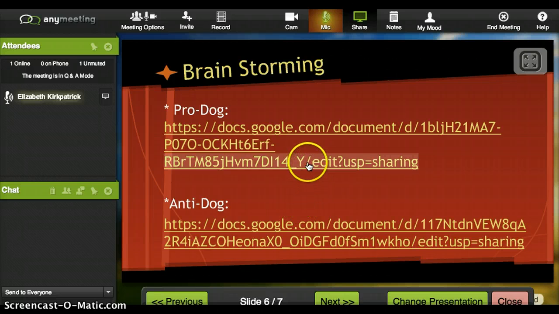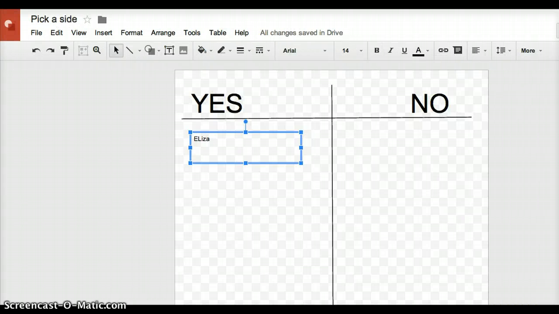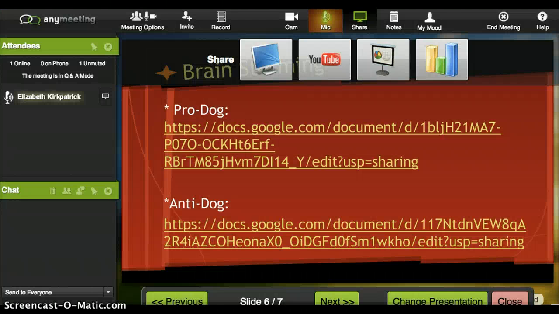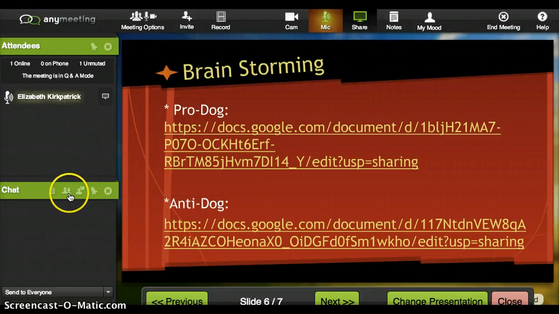So go ahead and click your link, and there you will be brought to this page that will show why you should have a dog or why you should not get a dog. Depending on your side, I just want you to brainstorm between your groups and comment and write. And you can also use this private chat here to talk between yourselves. I will give you 5 minutes to brainstorm.